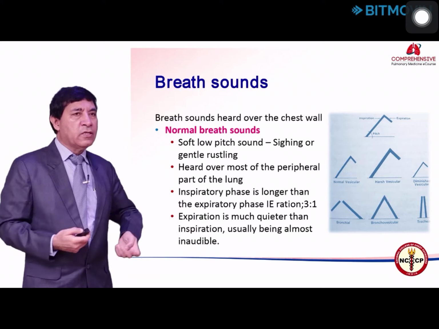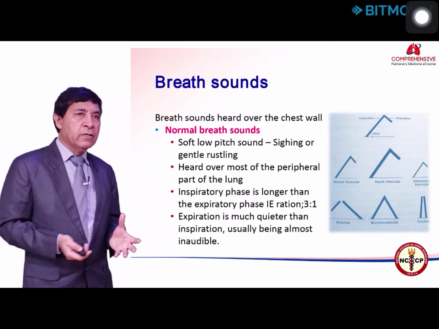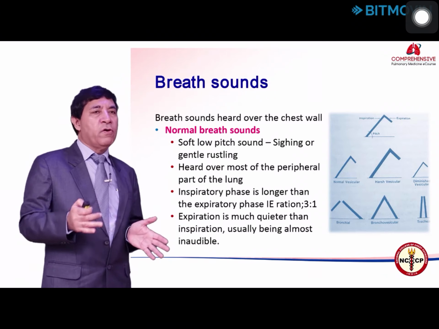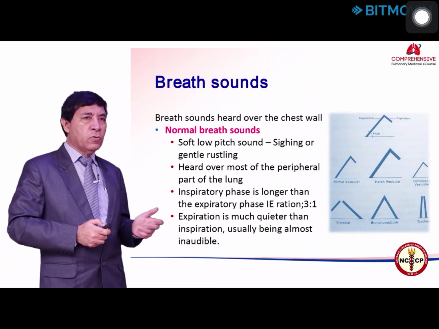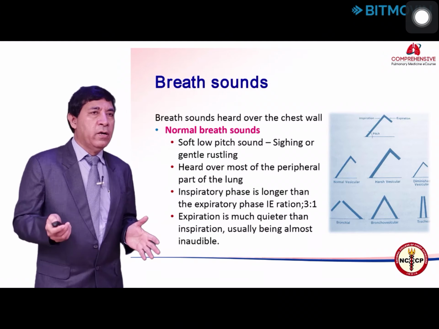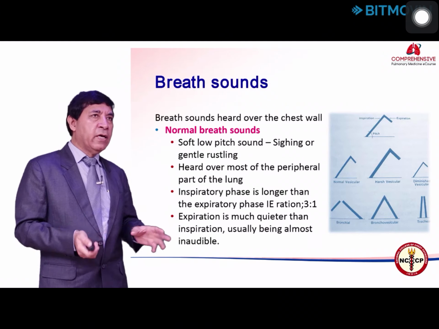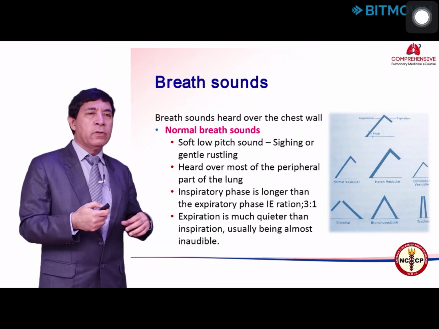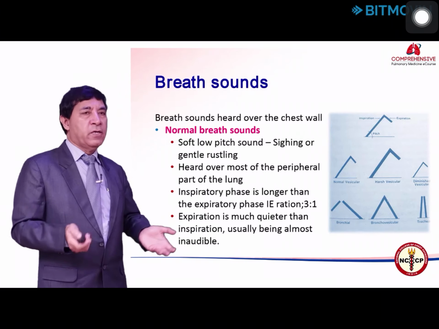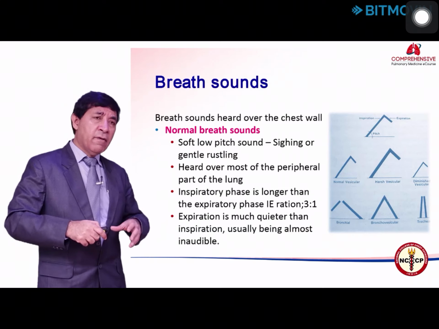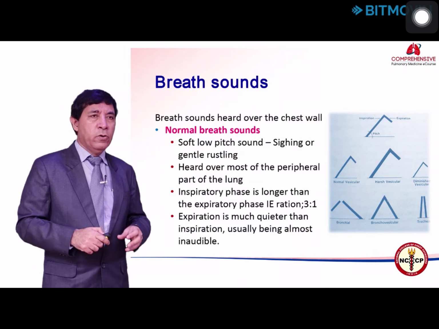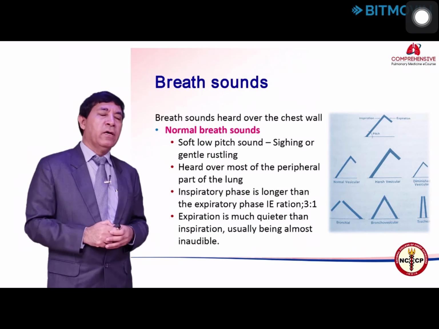So what you hear on the chest wall is basically a small low frequency band ranging from 200 to 400, and that too is attenuated, with the result that you can hear it only during inspiration, because our inspiration is very active, and the time taken during inspiration is also short.